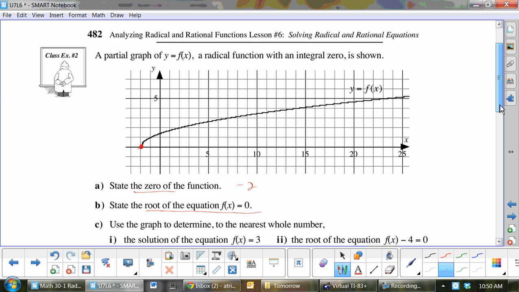Now, translate f of x equals 0 to me. Anyone give me a synonym for f of x equals 0? Y equals 0, aka x-intercept. You just hear the non-confidence in the room, right? Like, you got to know those things, that these are all the same thing.